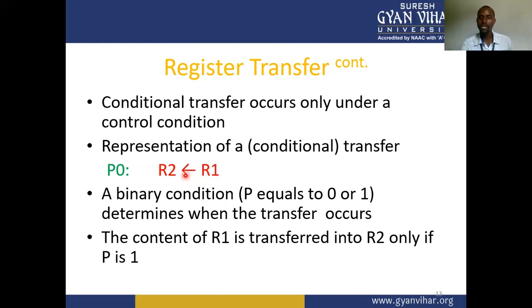So at that point, R1 is not able to communicate with R2 whenever P is 1. But when P is 0, then communication can take place. This means that the content of R1 is transferred onto R2 only if P is 1.